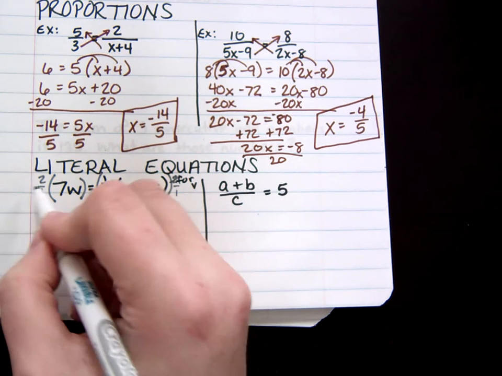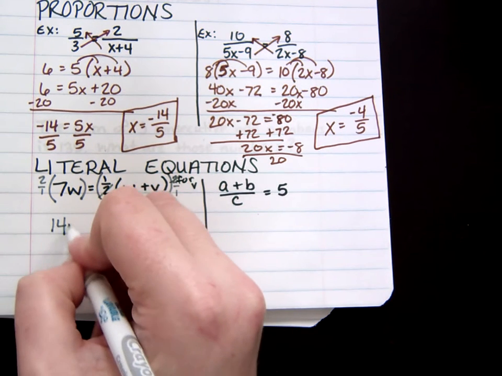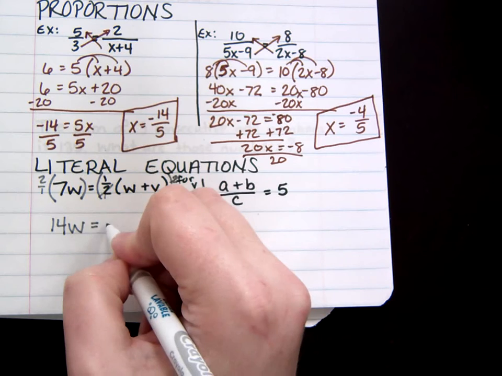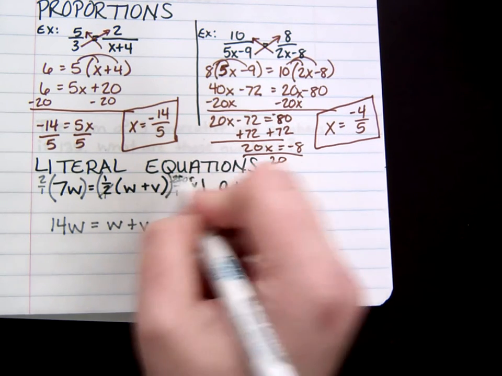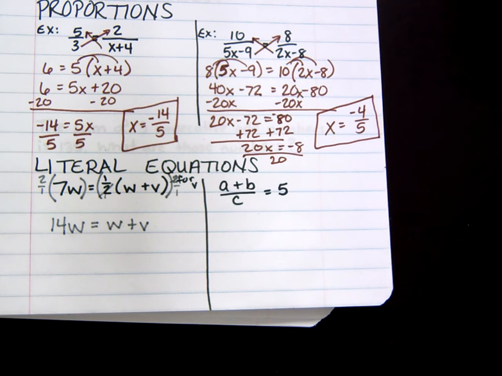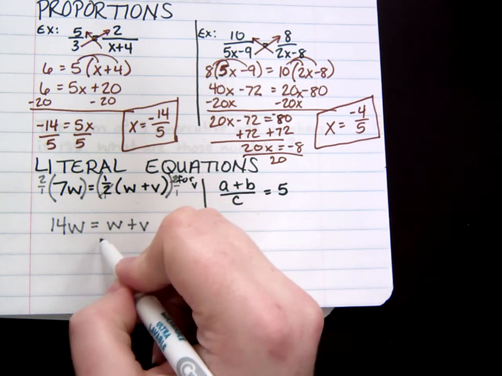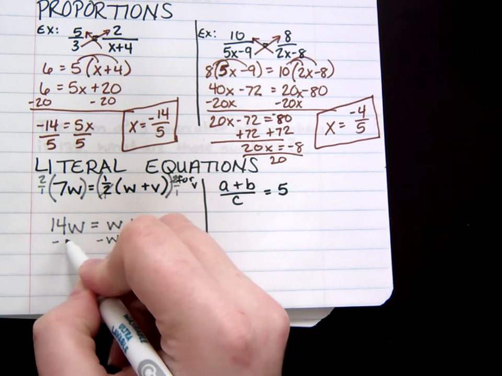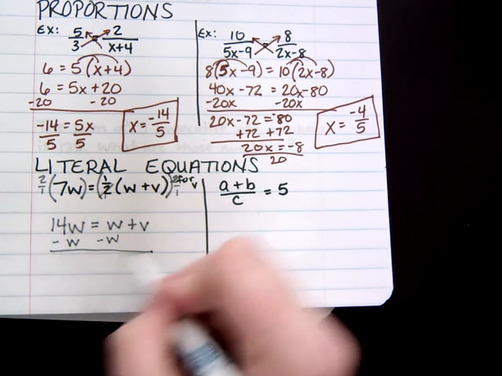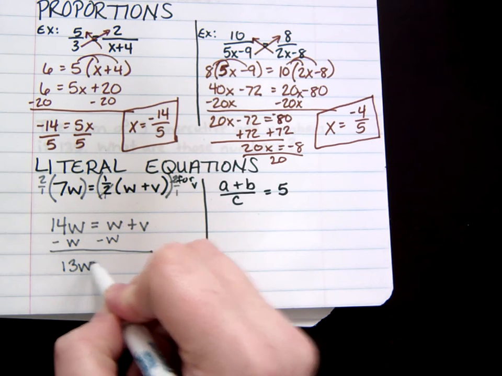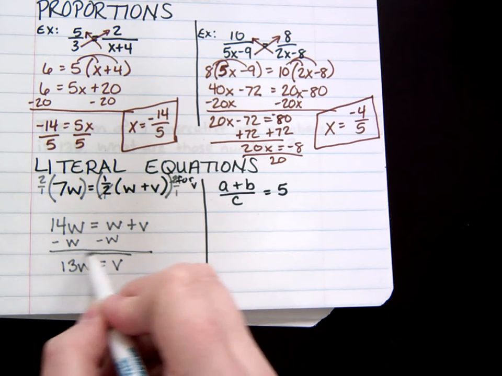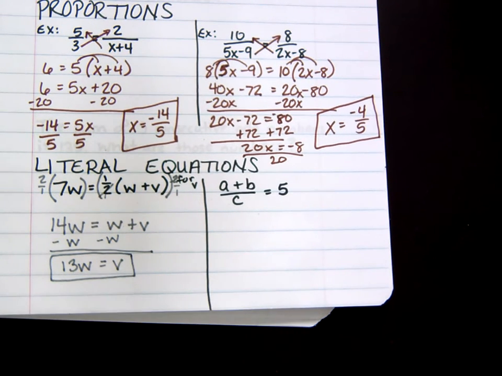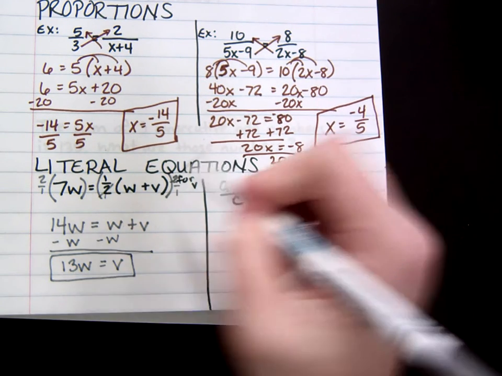So over here I have 14w equals w plus v, because the 1/2 times 2 just gives me 1. Multiplying by 1 doesn't change anything. Now I can subtract w from both sides to get 13w equals v. V is by itself, so this is where I'm stopping, because that's what it asked for, solve for v.